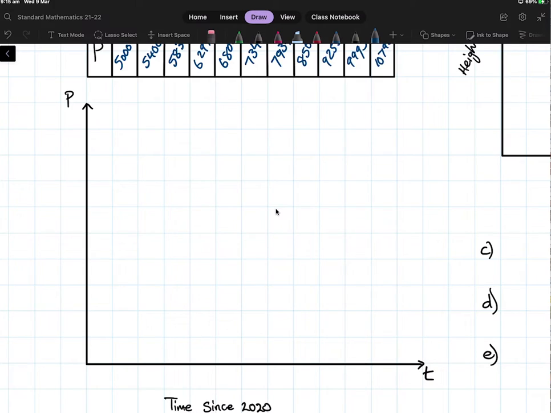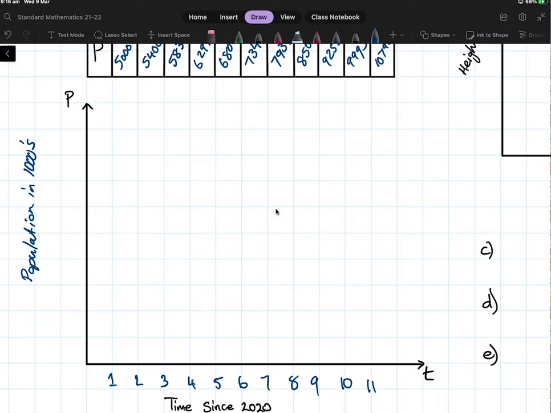All right, and we've been asked to graph that. So this will be 1, 2, 3, 4, 5, 6, 7, 8, 9, 10, 11. So down the bottom there, I'm going to have my time since 2020. On my vertical axis, I'm going to have population in thousands. And what am I growing from?